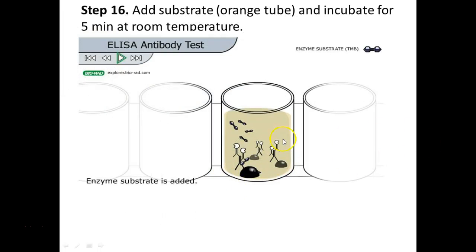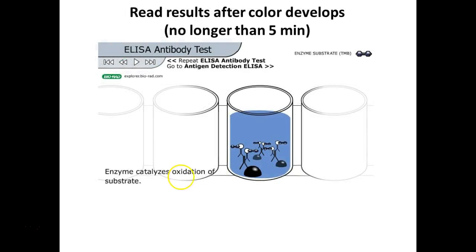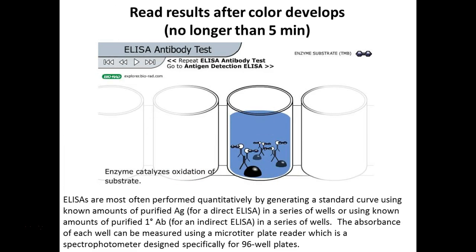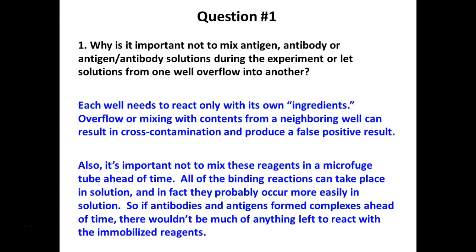The substrate is going to be an orange tube. We're not going to have to wait 5 minutes. These are fresh. It'll be within seconds. Once you add the substrate, you'll get your color change. That's it, you get your results. We wouldn't let it go longer than 5 minutes, but it'll be seconds.